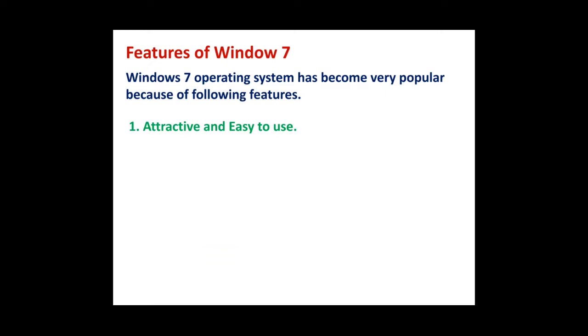Windows 7 is designed so that it looks very attractive, and as it has a graphical user interface, it becomes very easy for the user to use it because everything is given in pictorial form, so it's easy to use. The second is searching made easier. So there are many options given by which you can search any file or folder which you have saved in Windows 7, right? So the searching options are available.